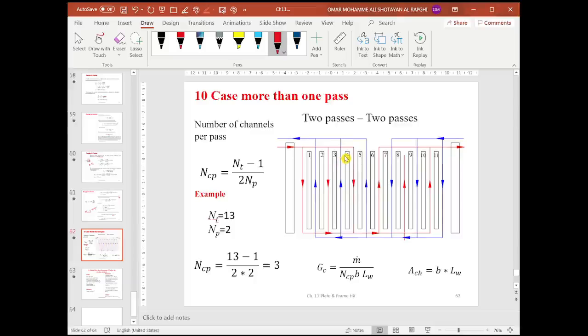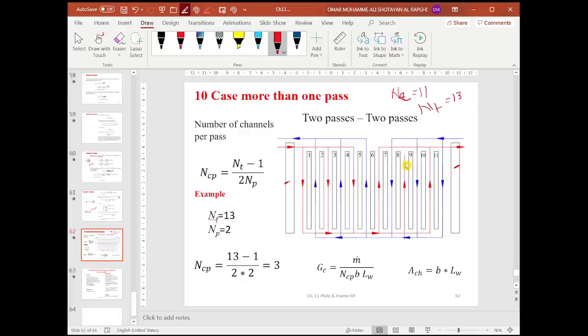This is something that we'd like also to shed some light on. What the difference between the situation when you have one pass and two passes. This situation shows we have 11 total number, I mean in total is 11 plates. This one is actually ineffective. So in total is going to be 13, because you have to add this one and you have to add this one also.